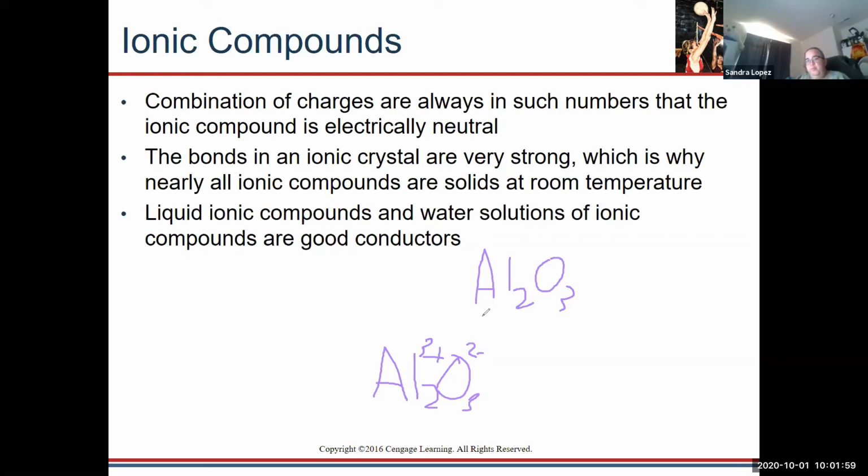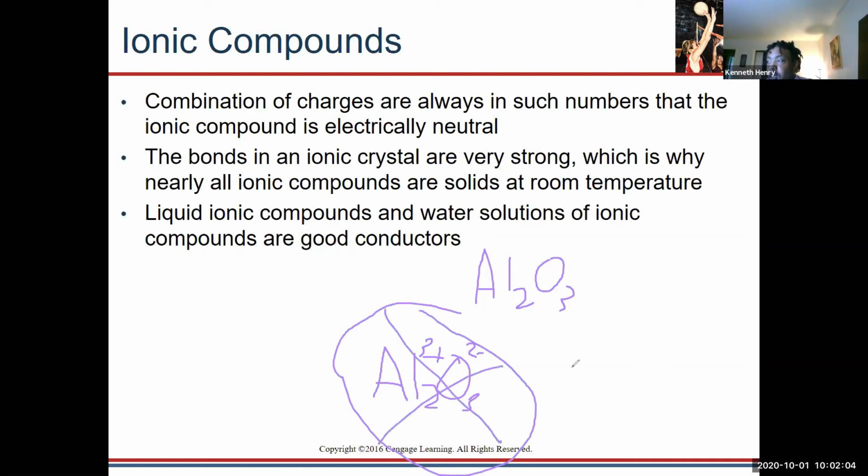You never want to write it like this. That is wrong, because they're neutral now. When they come together, they're neutral, so you don't want to have those charges showing. It's always written like this. If you have charges, that means it's an ion, that means they haven't been neutralized.